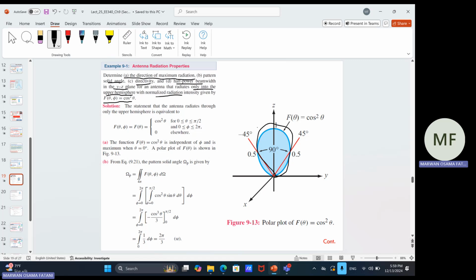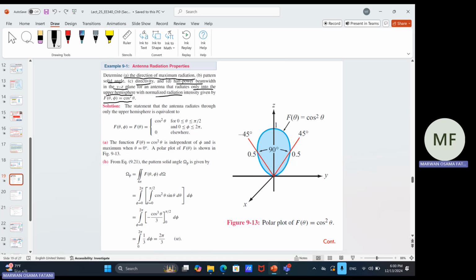To account for this constraint in math, F is equal to cosine squared theta when theta is between 0 and pi over 2. Phi is in that direction so it doesn't matter; only this direction matters. So theta is from 0 to pi over 2, phi is from 0 to 2 pi, and F is 0 everywhere else.